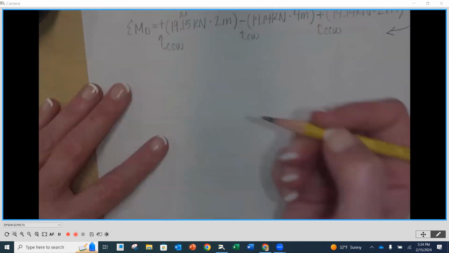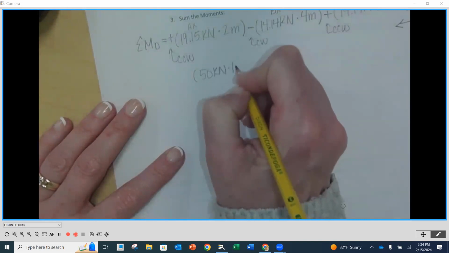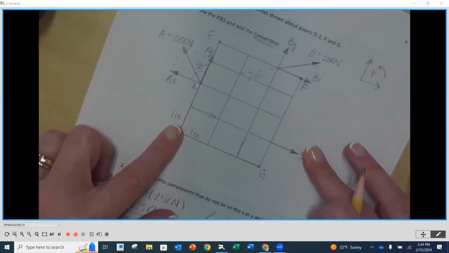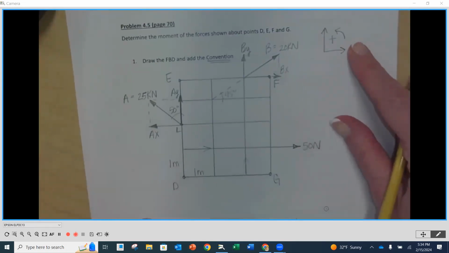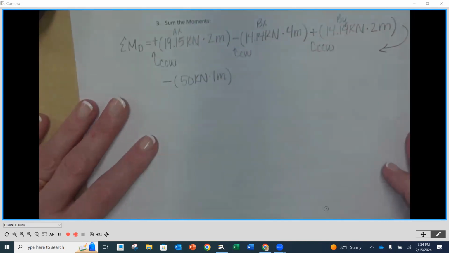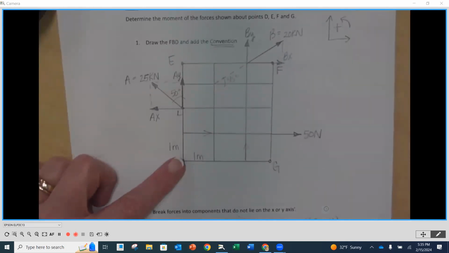So 50 kilonewtons times 1 meter. And then out front, my sign is going to be clockwise would be negative. There we go. And now as we look, there are no other forces to include.